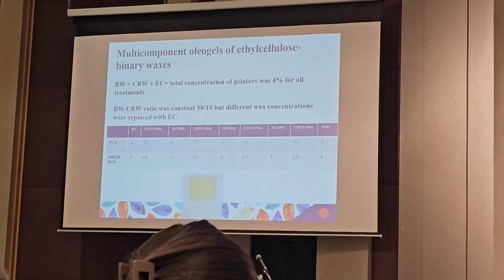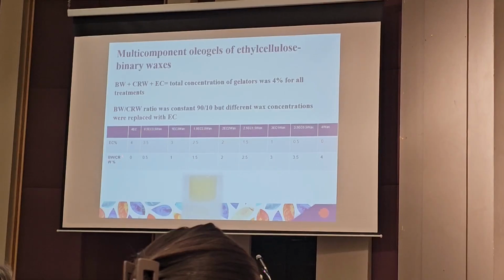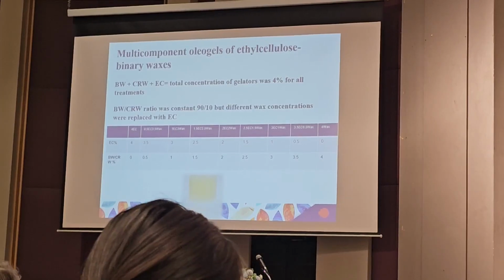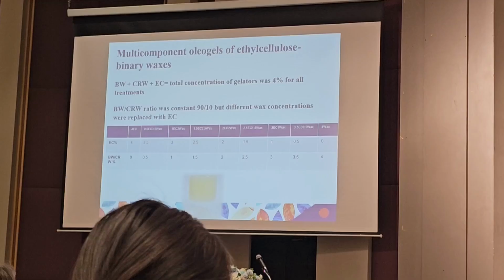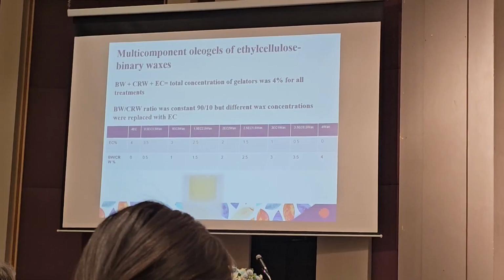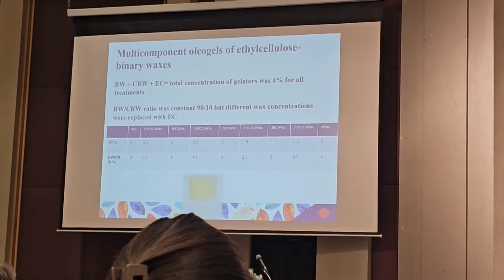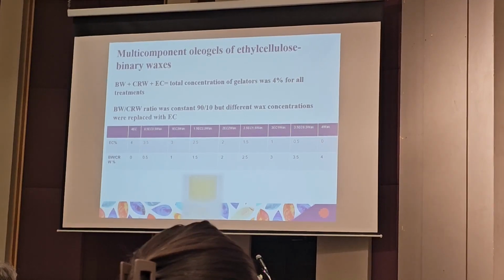So we have some oleogels that we have got 4% EC, no wax. The wax that we used in here is beeswax and carnauba wax mixture, because we did some work in the first research, and we actually used the best ratio from there. So 90-10 was from there. We got that mixture and brought it into ethyl cellulose. So we wanted to leverage that capability of 90-10% of the beeswax and carnauba wax.